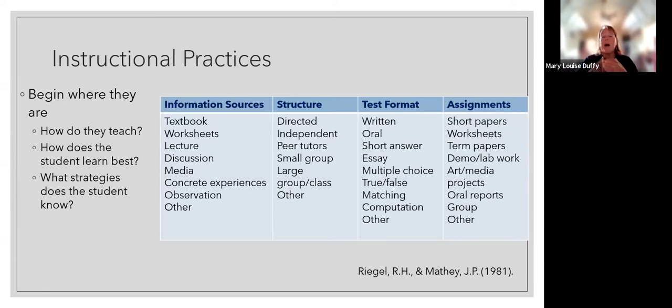So if in my classroom, I primarily require students to read the textbook and then discuss it with us in class, but you know that you're going to place a student in my classroom who really stinks at reading the textbook, is not reading at that grade level, then the first thing you're going to do is provide that student a strategy for how to read the text in my class.